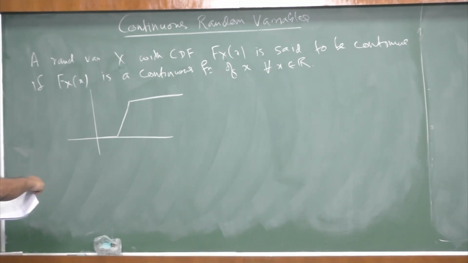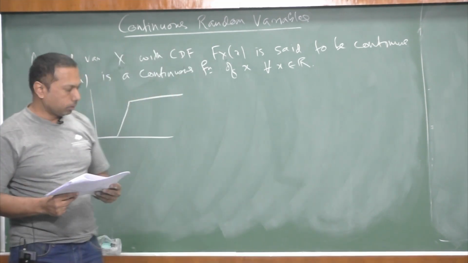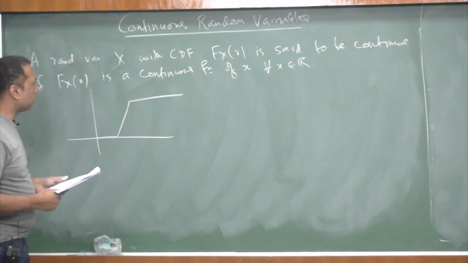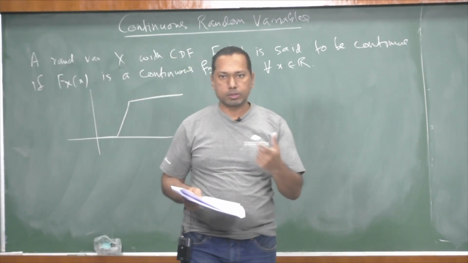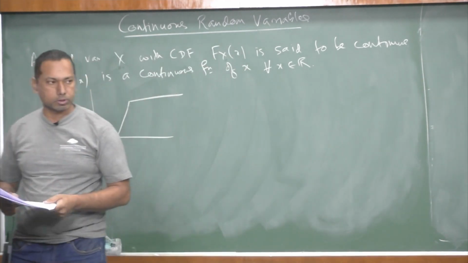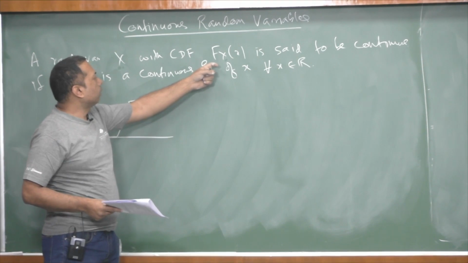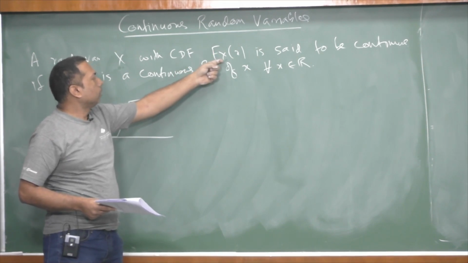So then we can define an equivalent of the PMF, which is the PDF, in the continuous case. As I said, in discrete the pointwise probability values make sense, but in continuous it doesn't make sense. So we will define something equivalent by saying maybe the rate of change of F_X.